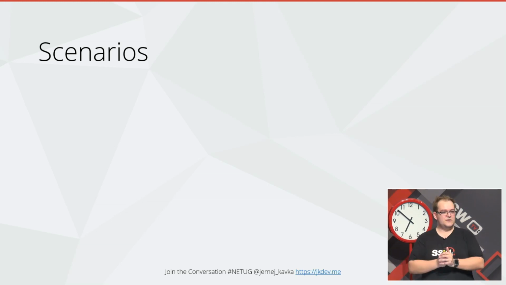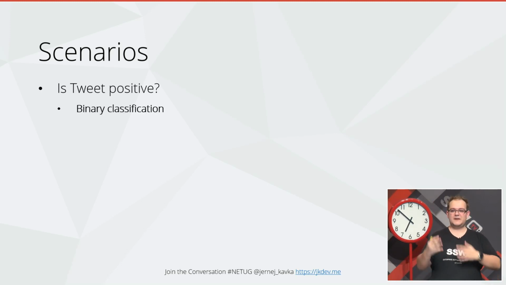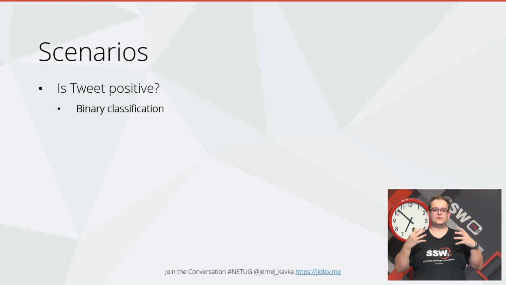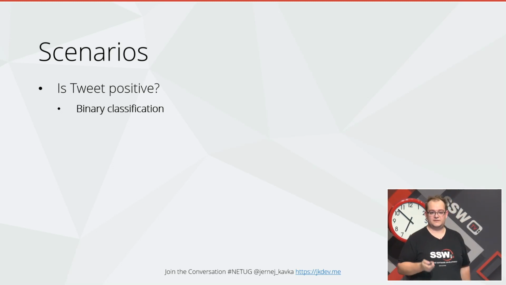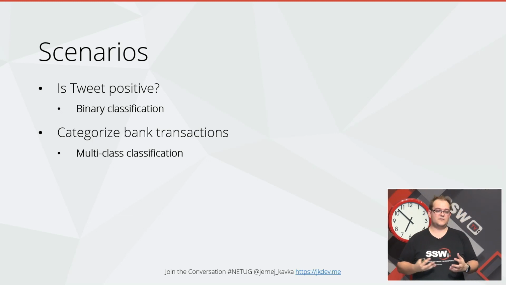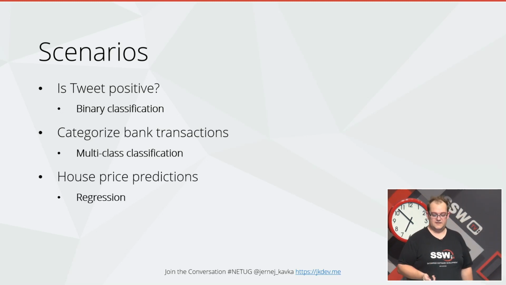And what can you do with this machine learning? How do you figure out what kind of classification you need? For instance, if you want to figure out whether a tweet is positive or not, you can use binary classification. If you want to do bank categorization, you can use multi-class classification.